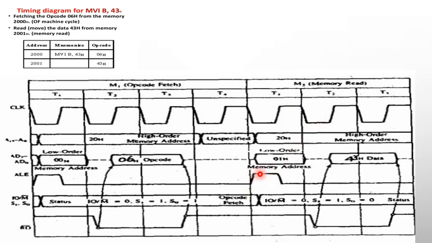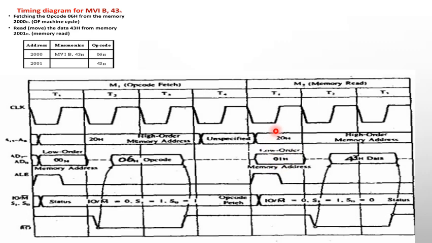So the ALE signal once again goes high. As soon as the ALE signal goes high, the address and data bus is demultiplexed and the lower order address 01 is fetched, and the higher order address comes through the dedicated address line. So the 2001 address is now obtained through the address bus.